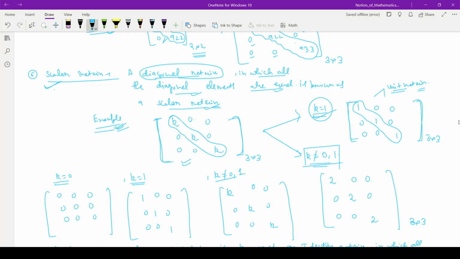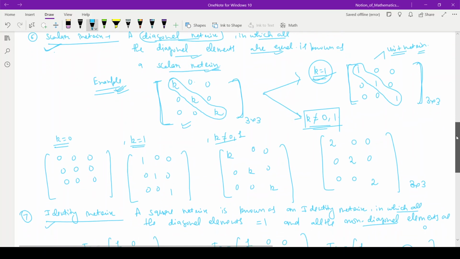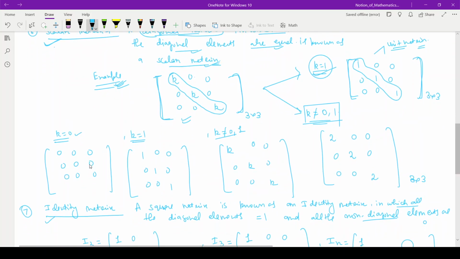So the rest of the possibilities are like if we are taking different values of k. For example, if I am taking k equal to 0, so this principal diagonal will also be 0. Apart from it, all other elements are already 0. So it is a zero matrix. It is a zero matrix of order 3 cross 3. If k equal to 1, then it is unit matrix of order 3 cross 3.